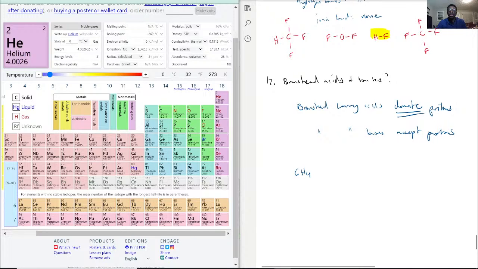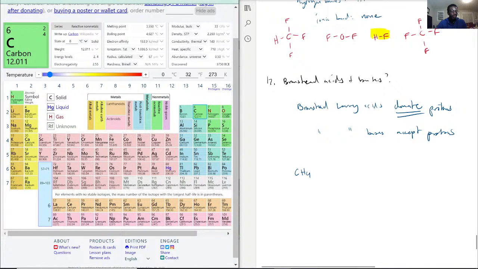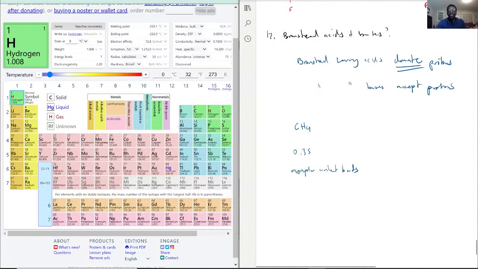When you look at carbon and hydrogen, the electronegativity difference between them is 2.55 minus 2.20, which is 0.35. Based on our limit of 0.4 and greater being polar covalent bonds, these are non-polar covalent bonds.